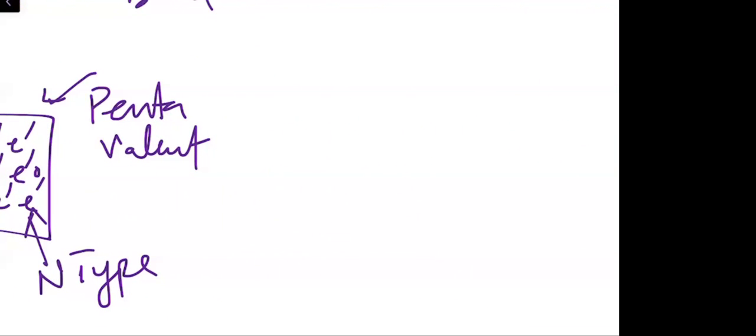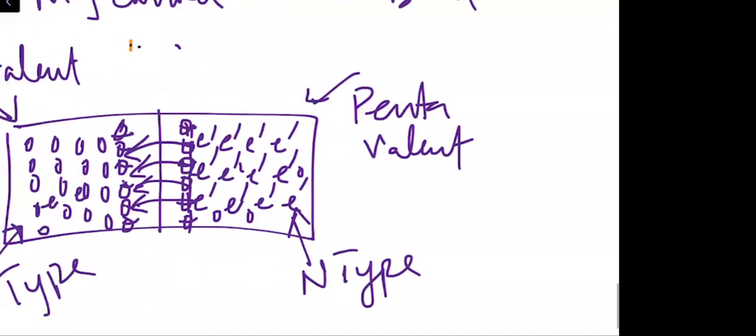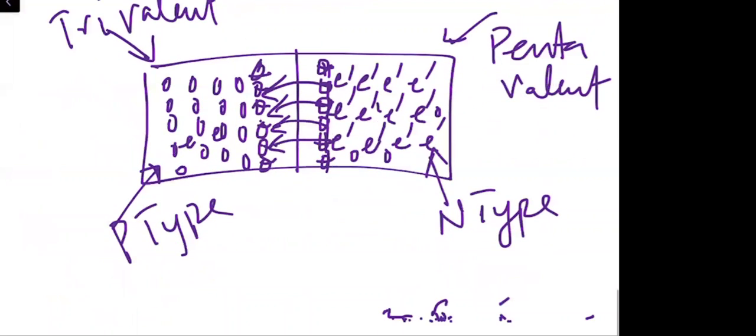On the p side and on the n side, one thing before going further. On the p side, we have added a trivalent impurity, right? And on the n side, we have added a pentavalent impurity.